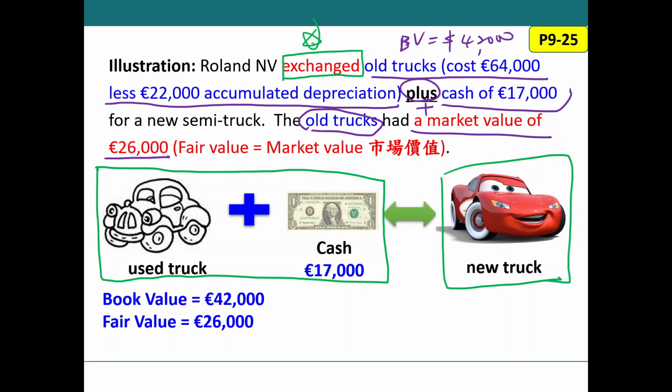And here told you for the old truck, book value $42,000. How to get $42,000? Because of cost minus accumulated depreciation, you got book value $42,000. So this is the value on your accounting book. But at the same time, this old truck, they have the value on the market is $26,000. Okay?